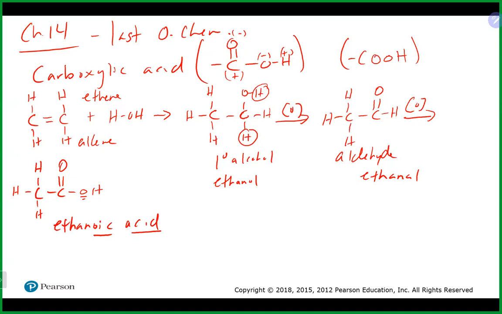You could go back to the alkane name and basically drop the E and put OIC acid at the end of it. A couple of reminders: much like the aldehyde, the carboxylic acid group will always be at the end because of the hydrogen that's at the end. So because of this hydrogen here, that group should always be at the end.